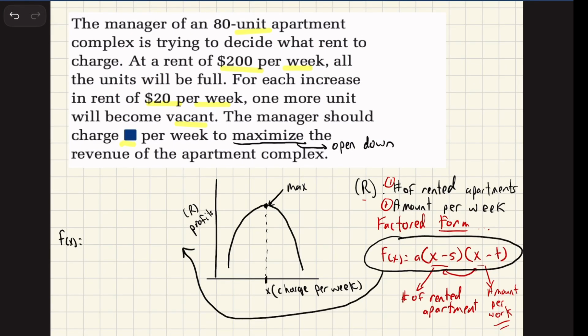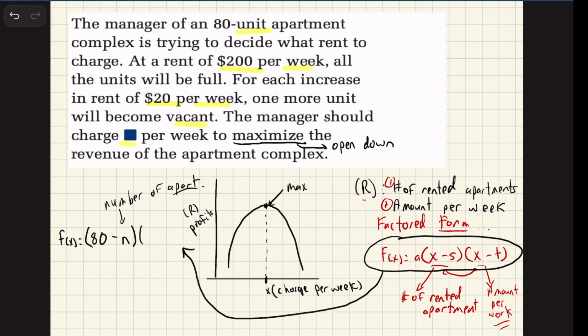So when I'm substituting this in here, the first factor, which is the number of rented apartments, well, you have 80, that is the maximum capacity. And then let's say if you keep losing apartments, n can be the number of apartments. So 80 apartments minus how many you're losing if we increase that rent.